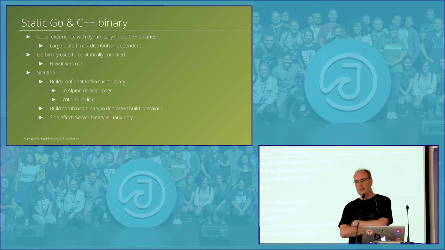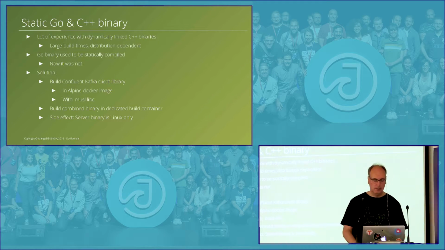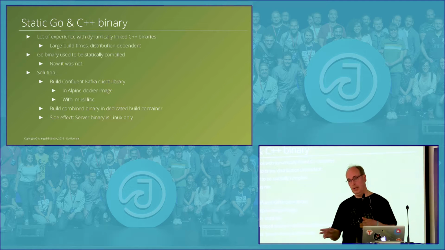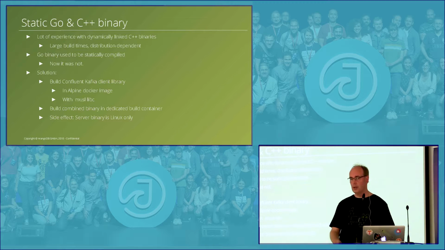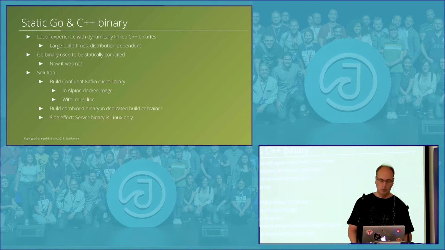And with that, we built a Docker container that we used to build everything together, and we could link the C++ driver with the Go binary into a very statically linked and, in the end, very big binary. But in all honesty, I didn't care that much about the size of the binary. I was very happy that we were able to get this build actually working as a single static binary.